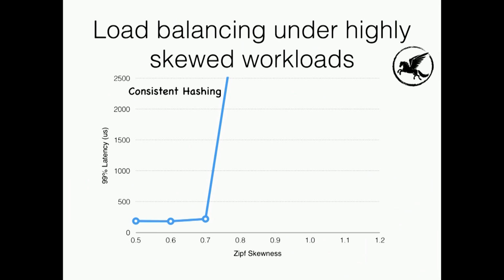If we use a traditional approach like consistent hashing, it becomes ineffective when a workload becomes highly skewed because some of the servers become overloaded, and the requests going to those servers suffer really high tail latency. Actually, the tail latency in those cases is more than 60 times the median. And because we have this queue built up, more than 40% of requests actually dropped.